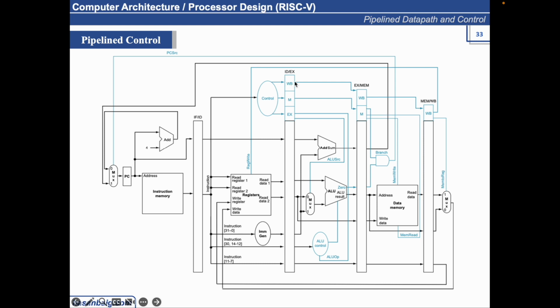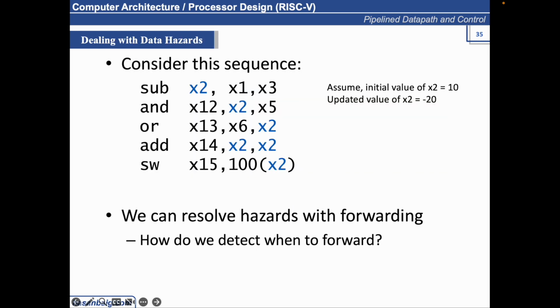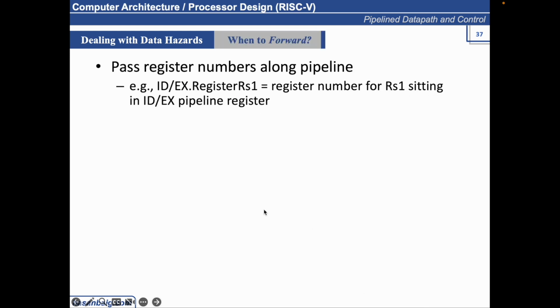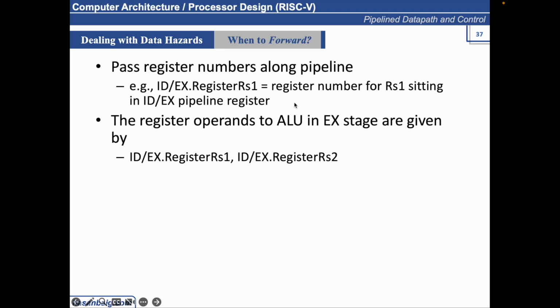So ID/EX.RegisterRs1 corresponds to the rs1 of that instruction. The register operands to the ALU in the execution stage are given by ID/EX.RegisterRs1 and ID/EX.RegisterRs2, which correspond to the instruction's rs1 and rs2 values currently stored in this pipeline register.